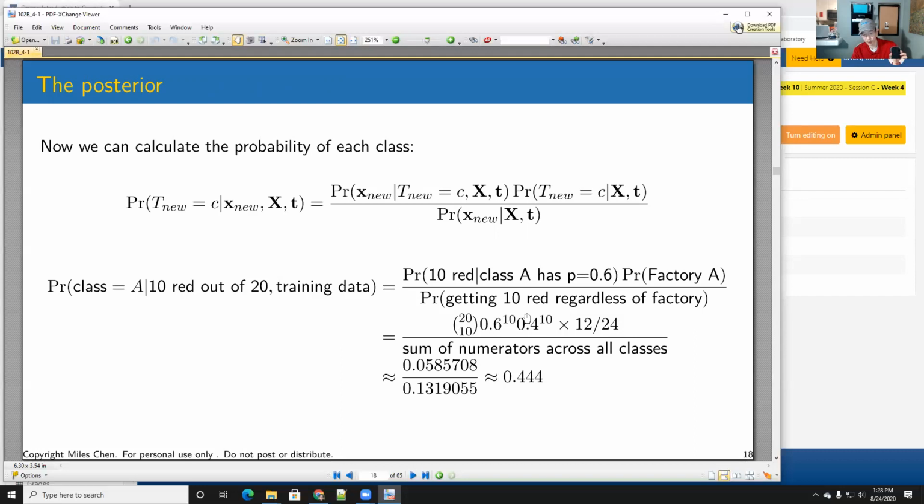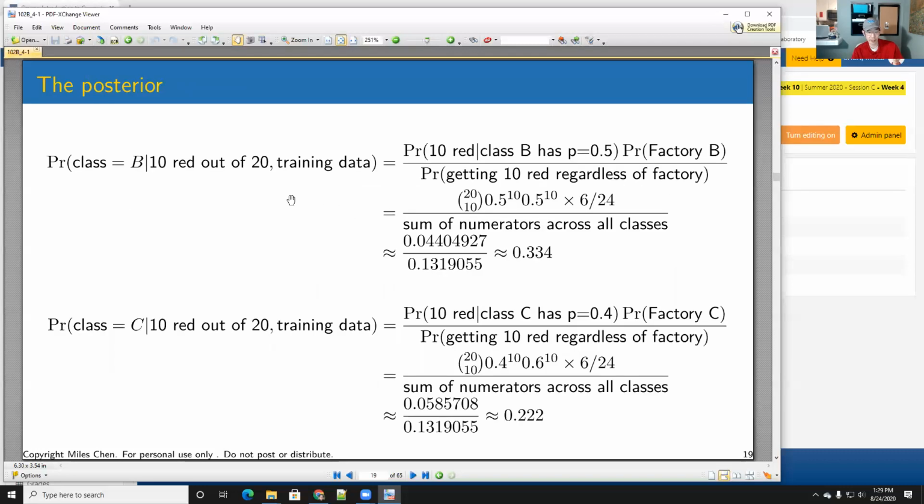And that's the binomial probability. We're going to multiply that by the prior probability that comes from factory A, which we said is 0.5, 12 out of 24. And then we're going to divide that by the probability of just getting our data of 10 red regardless of the factory, which is going to equal the sum of the numerators, right? So when you do this, you get something around 0.444.